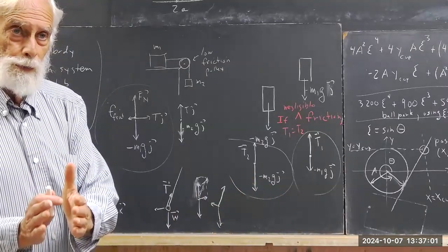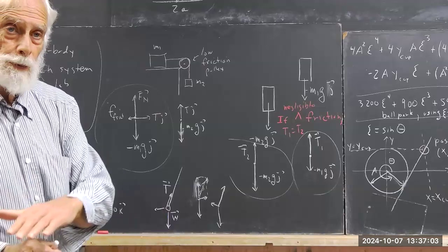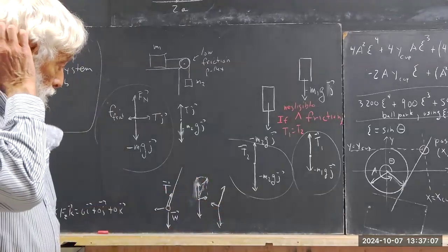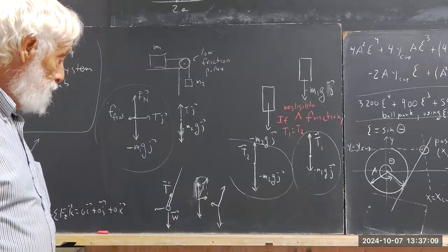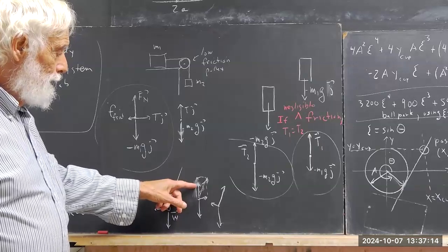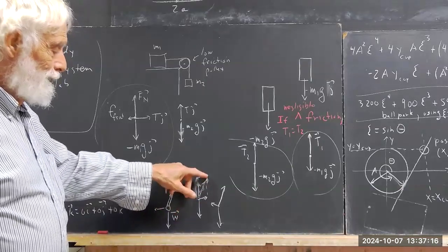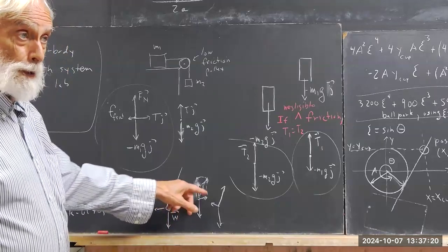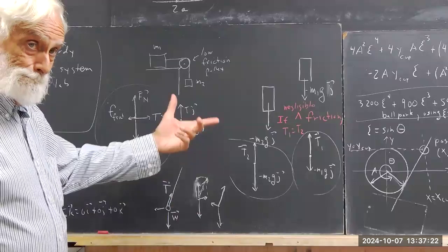And through that few centimeters, it's going to be almost a straight line. Well, you make that assumption. And if that assumption is true, then the vertical component is pretty much equal to the magnitude of the tension because this is a small angle. Cosine of a small angle is close to 1.